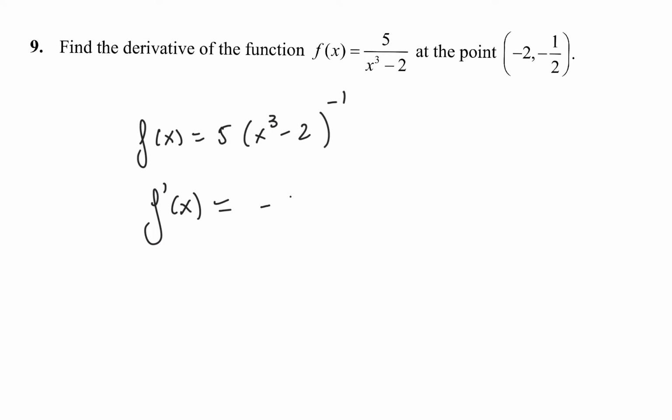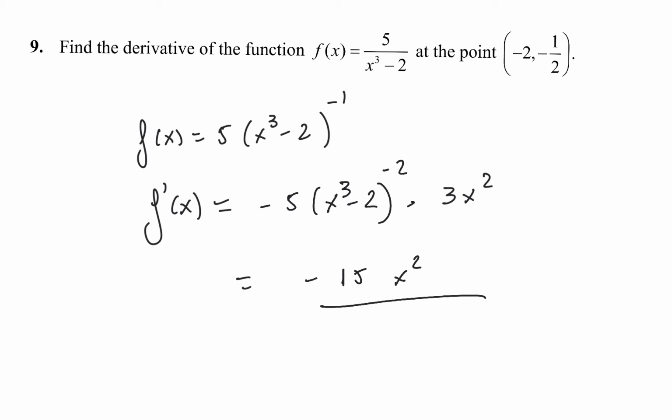It will be minus 5 x cubed minus 2 raised to the power minus 1 minus 2 multiplied by the derivative of u of the internal function, which is 3x squared. So the solution will be minus 15x squared divided by x cubed minus 2 squared.